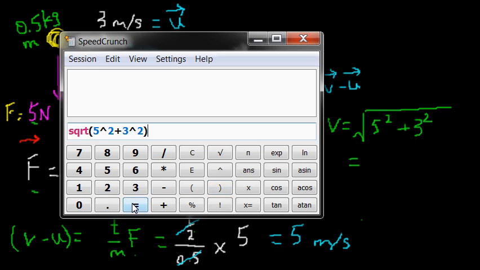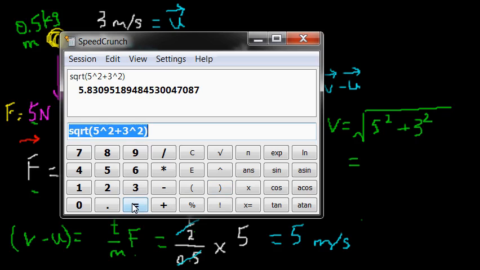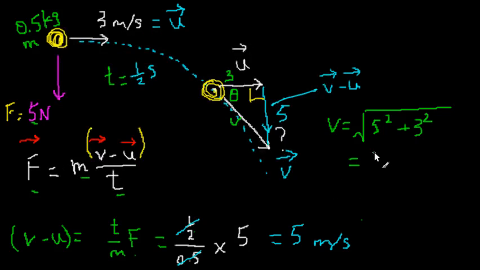Anyway, in my case, this is what I get, 5.83. I'll just take it as 5.83. So we'll write this out: 5.83, and units are meters per second.